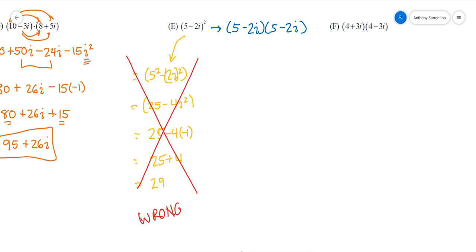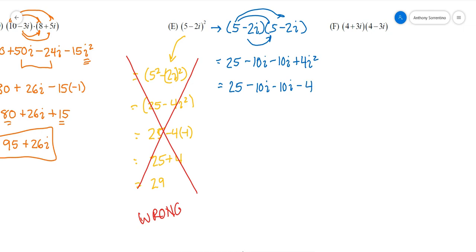So 5 times 5 is 25. 5 times minus 2i is a minus 10i. Negative 2i times 5 is another minus 10i. And negative 2i times negative 2i is going to be a positive 4i squared, which, since i squared becomes a negative 1, becomes a minus 4, because that's 4 times negative 1.